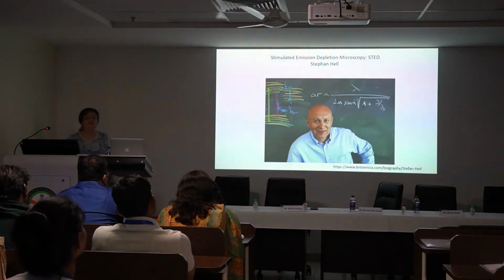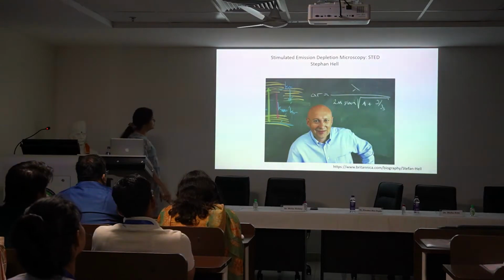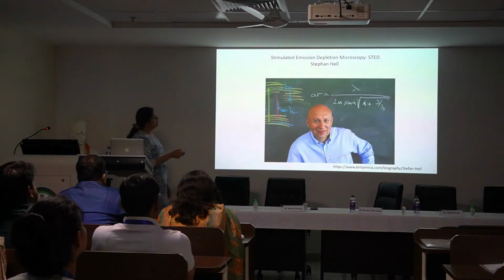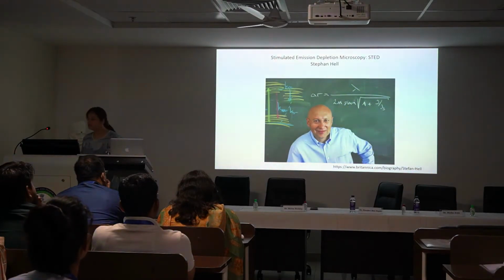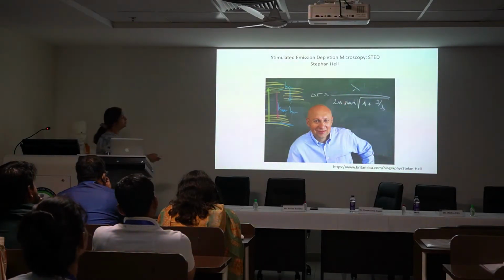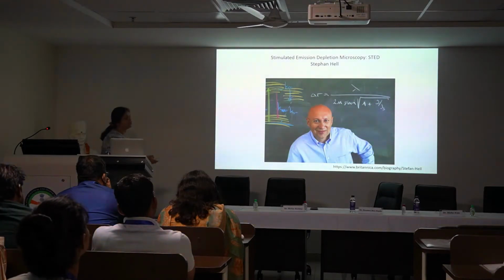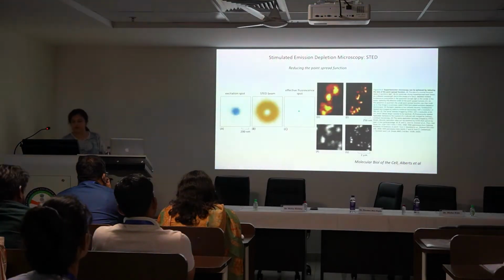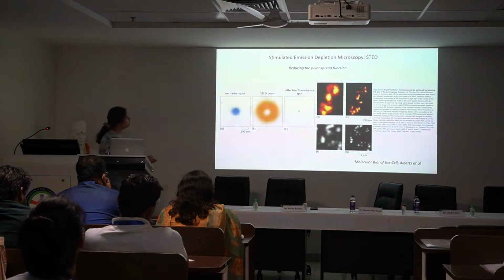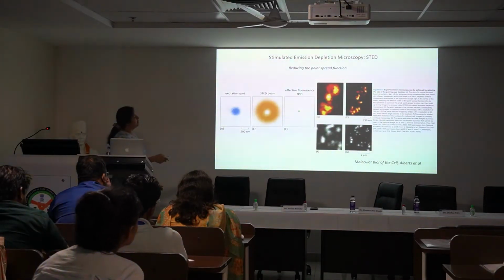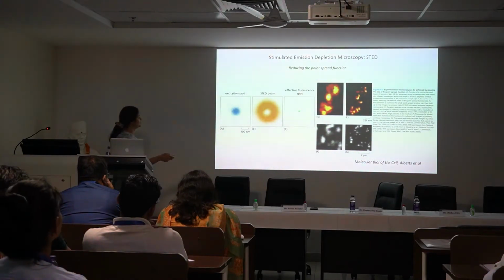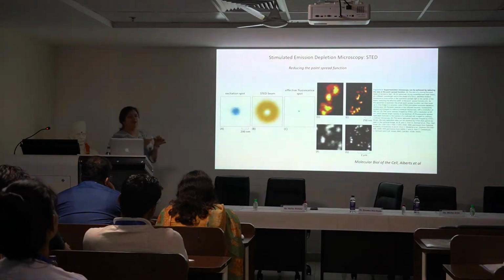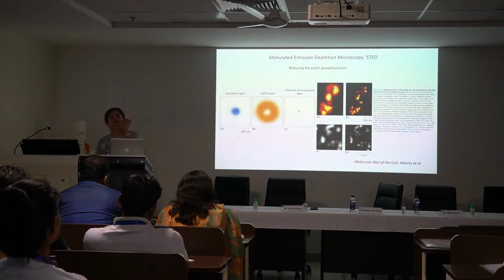Now coming to STED, which was invented by Stefan Hell, a physicist who was able to improve the limit of detection. And how did he do it? The principle, again for biologists hopefully, and physicists will anyway understand this better, is that we want to get light only from that very small central region.